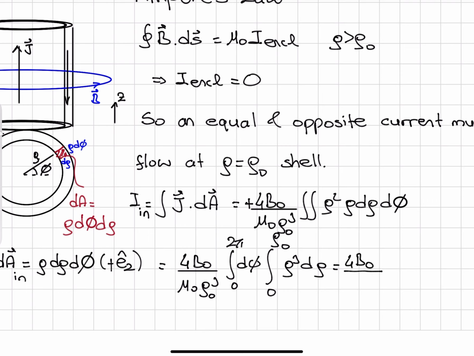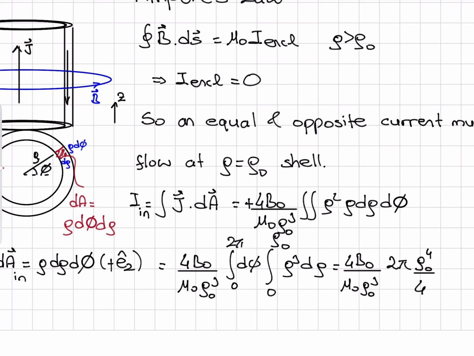4B0 divided by mu 0 rho 0 cube. From the d phi integral from 0 to 2 pi, I'm going to get 2 pi. And as rho varies between 0 and rho 0, I will have rho 0 to the 4th power divided by 4.